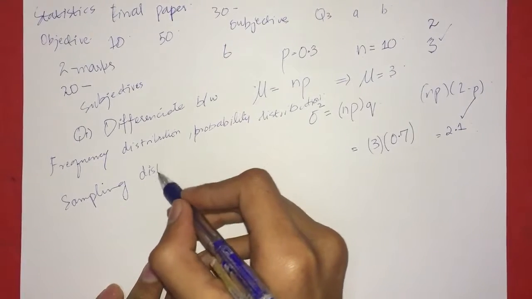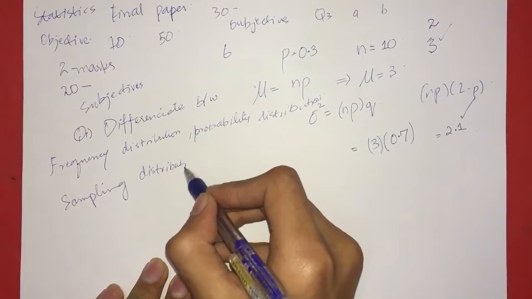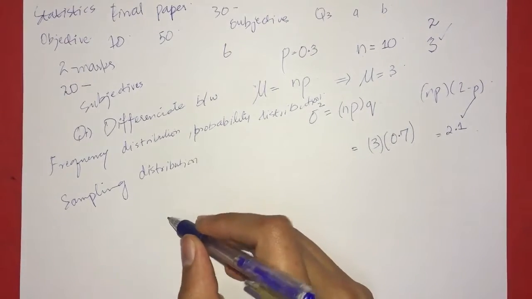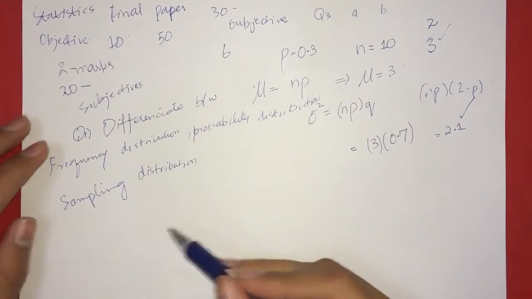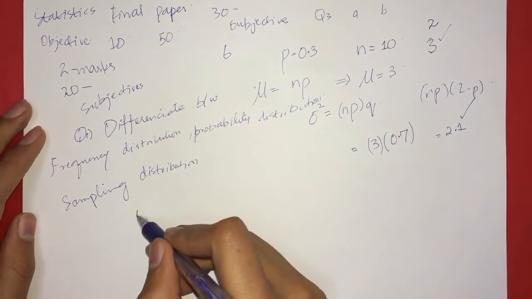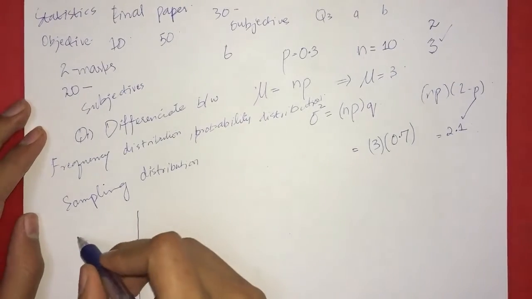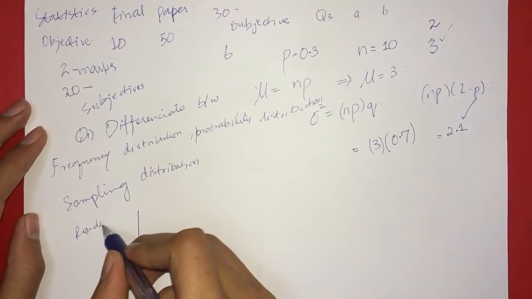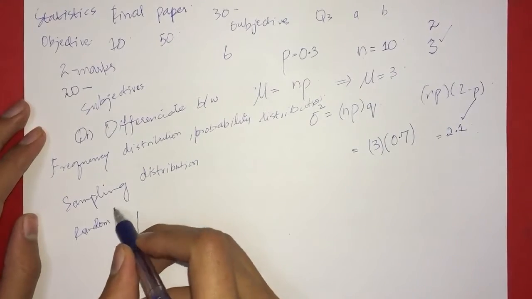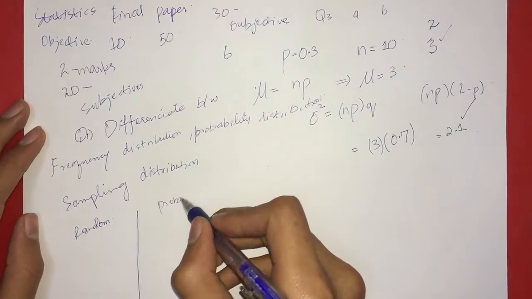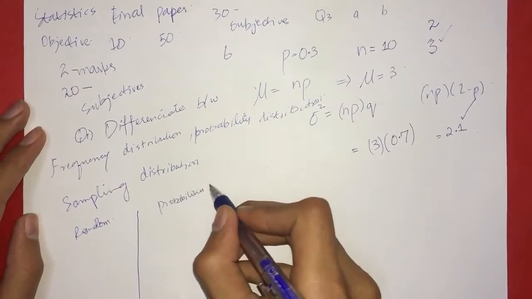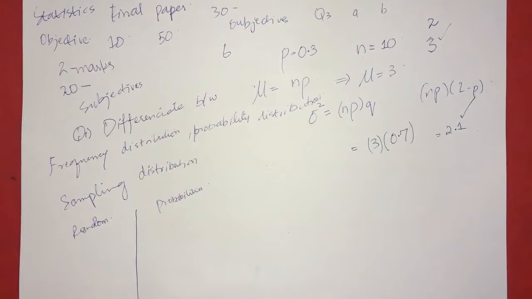So whenever you come across the term frequency distribution or sampling distribution, just remember that on the left side you have a random variable, or statistical term, and on the right side you have their corresponding probabilities. What is a sampling distribution? It helps you make an inference about the population.